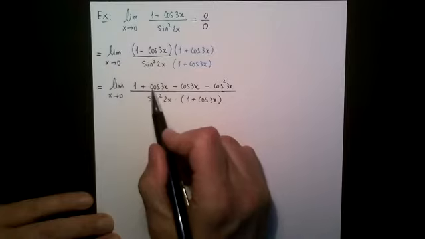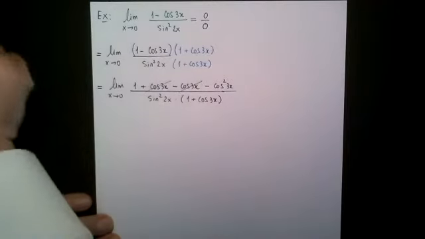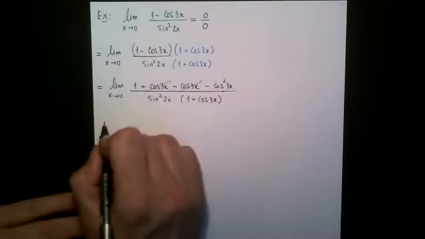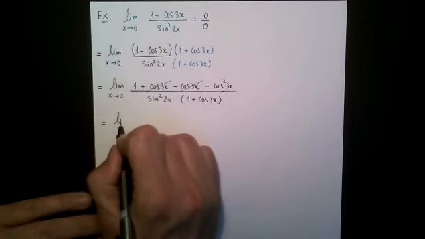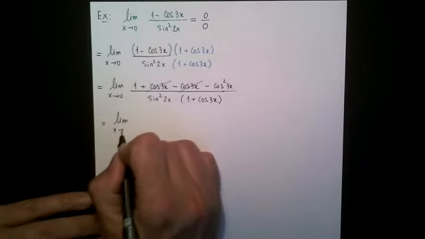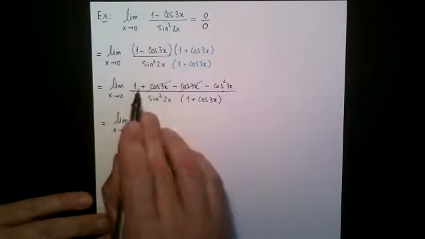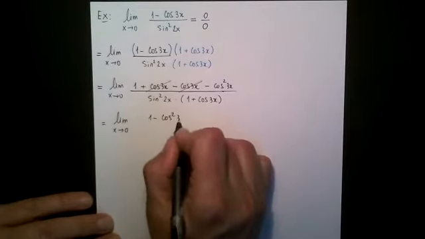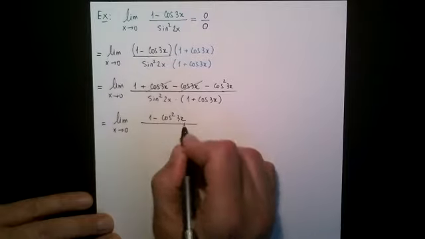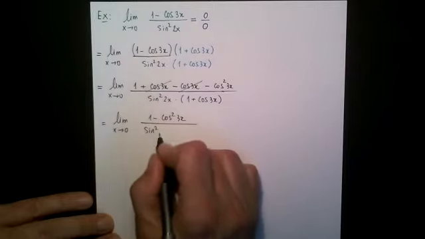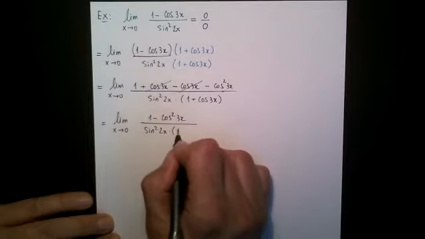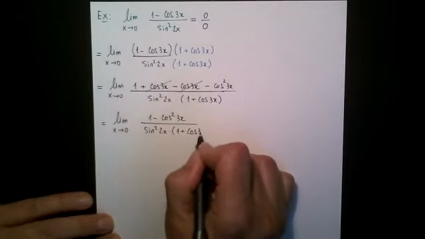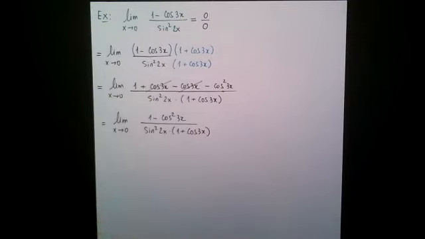Okay, so obviously I'm going to cross out the cos 3x minus cos 3x, and then I'm left with what? Limit as x approaches 0 of 1 minus cos squared of 3x divided by, and the bottom stays, sine squared of 2x times 1 plus cos of 3x.